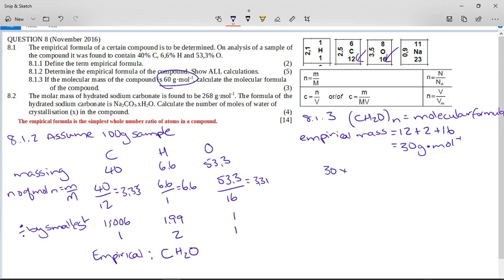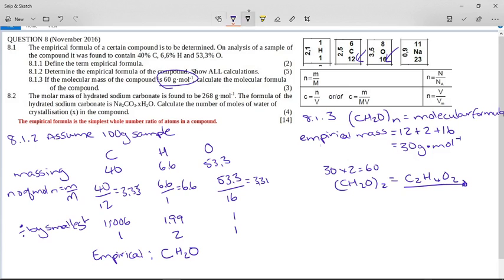So 30 times 2 equals 60, which means we must multiply the empirical formula by 2. So the molecular formula is going to be C2H4O2. If you work out the mass of this, it weighs 60, and its empirical formula is CH2O. So this is now your final answer here.